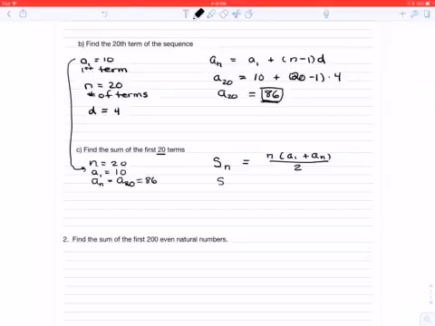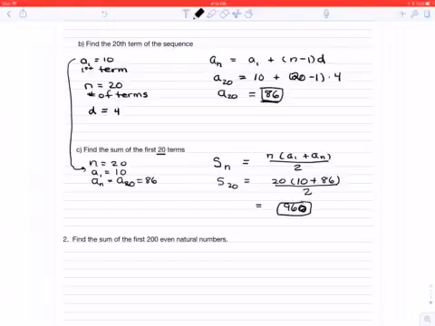So the sum of the first 20 terms is 20 times the first term, which is 10, plus the 20th term, which is 86, over 2. So I get 960. It's the sum of the first 20 terms of that sequence.